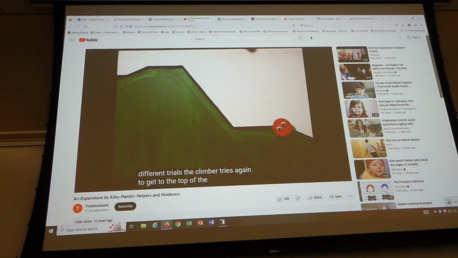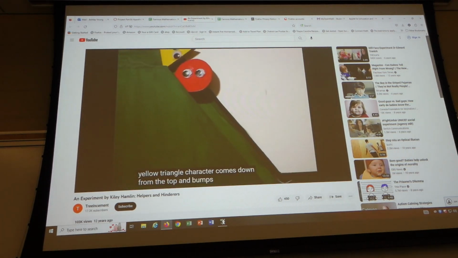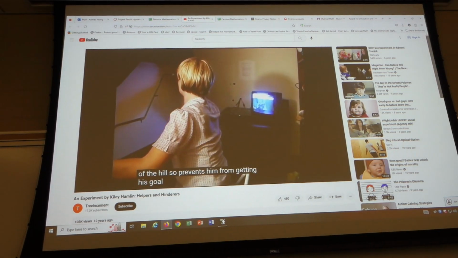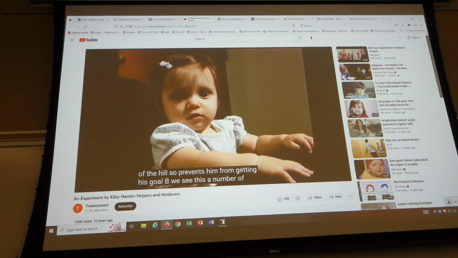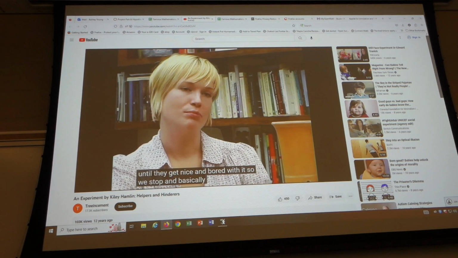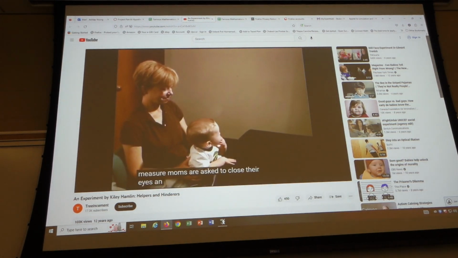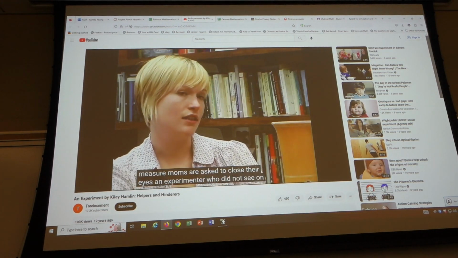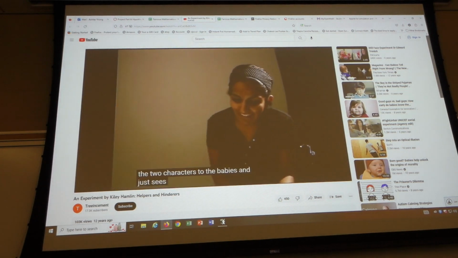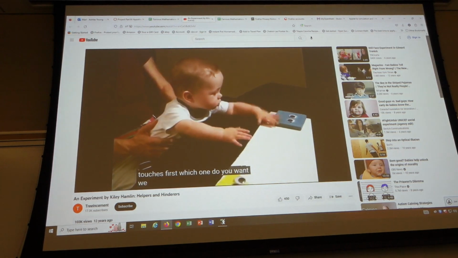Then he's not successful and keeps trying, and they get this hinderer guy who pushes him down the hill, and he rolls off and is not successful. They see this several times, and they do it over and over. Then the moms close their eyes, and the experimenter, who doesn't know which one was which, brings over the 2 options, and the baby picks one.